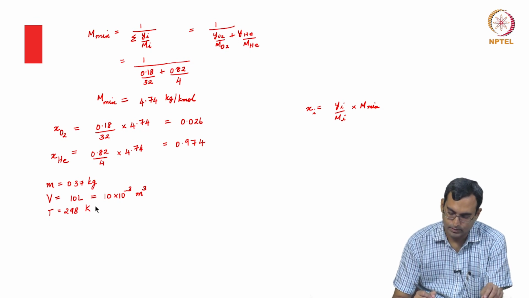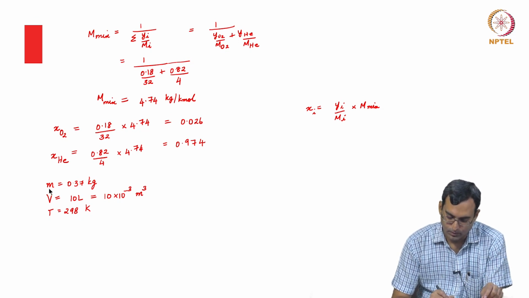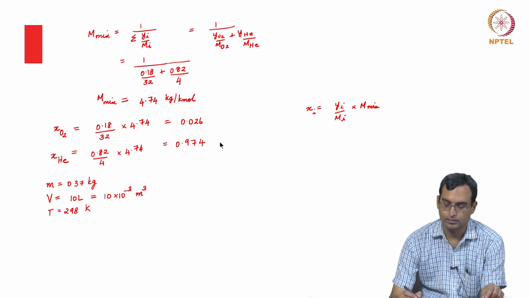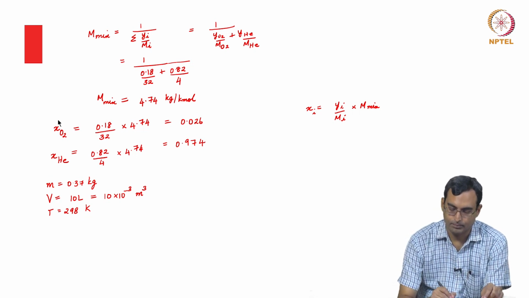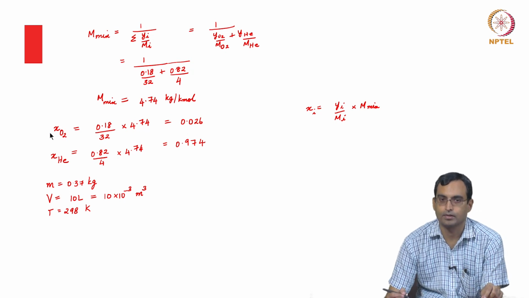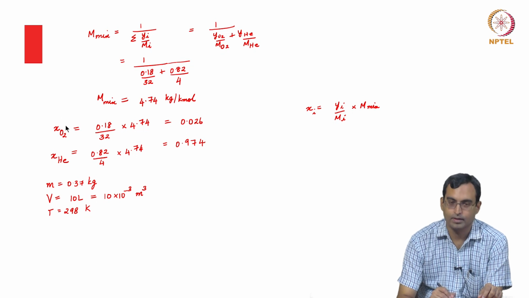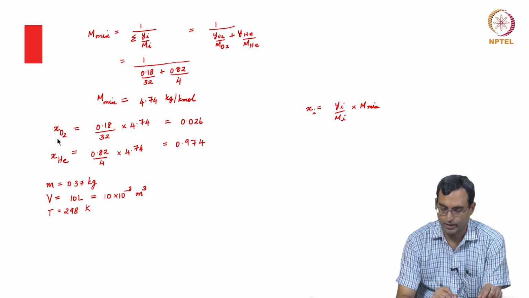Finding out the partial volumes is easy enough because from Amagat's law we see that if we just multiply the volume by this, we would get the partial volume, assuming that both of them are at the same pressure, where the volume fraction is also the mole fraction.